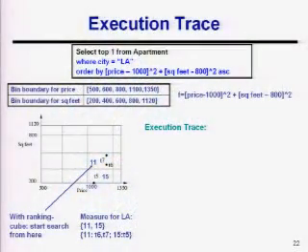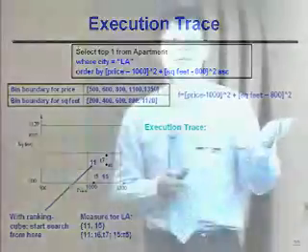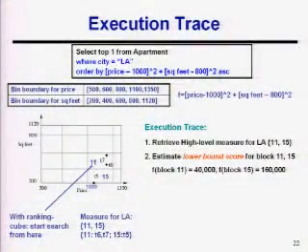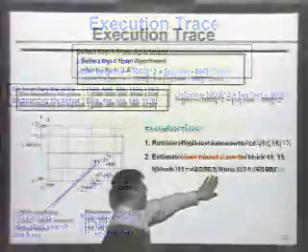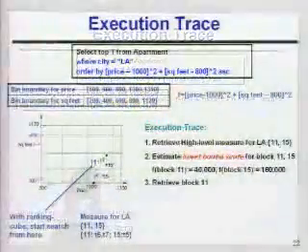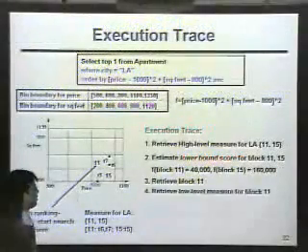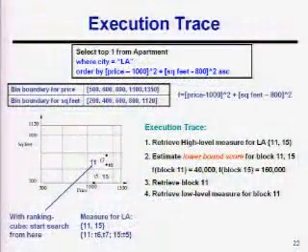This is a more detailed execution trace. The first step is to retrieve a high-level measure for LA. This is block level, so we know block 11 and block 15. Then we estimate the lower bound score for block 11 and 15. Block 11 has this lower bound score, and block 15 has this one. Then we retrieve block 11, that is, we retrieve data and their values, and we can retrieve the low-level measure for block 11.